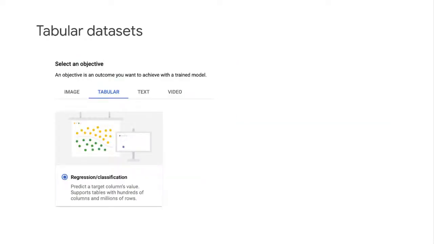For tabular data, regression and classification. This is where you will be able to, for example, do a prediction of share prices or house prices based on some features. If I'm doing a prediction of house price, I need to know many features, like how big is the house, what is the surface, how many bedrooms.